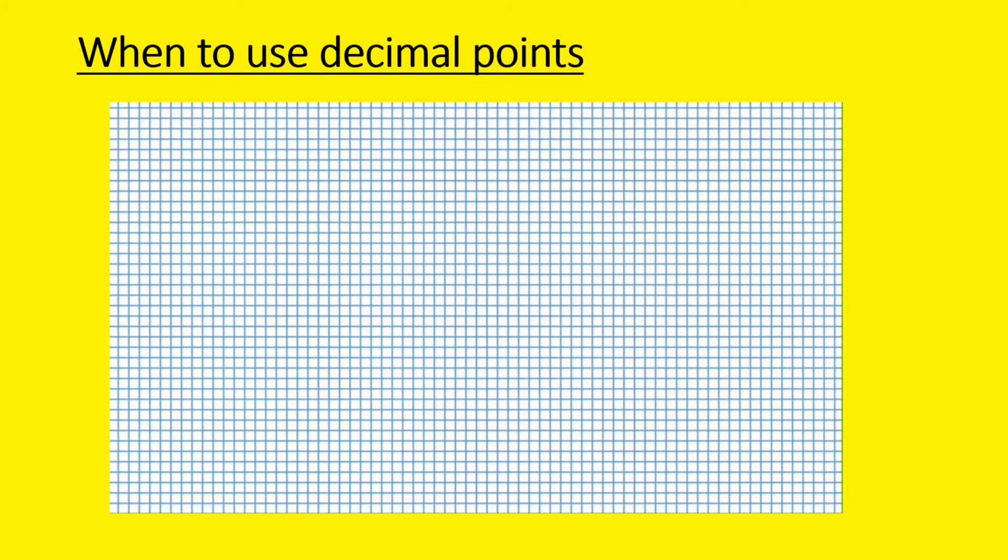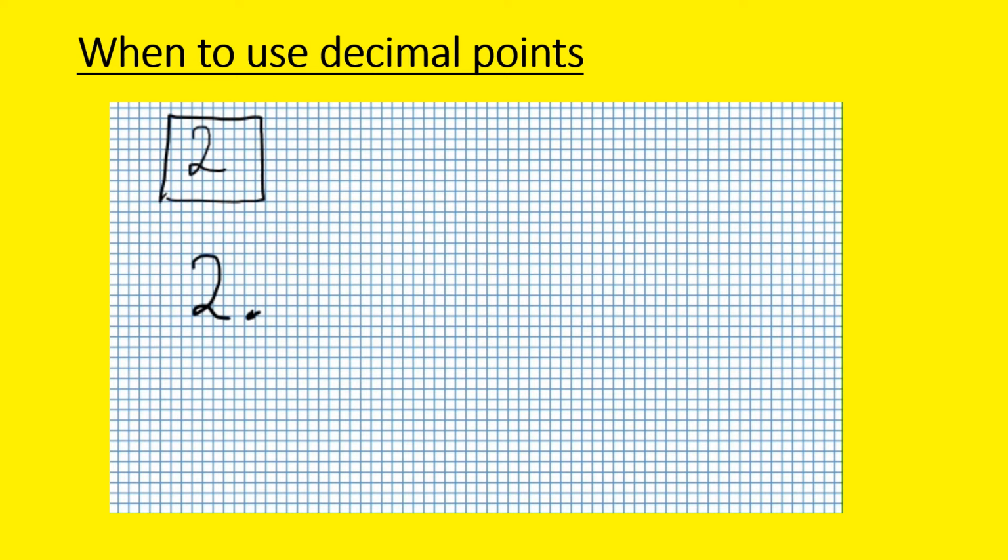And here are some examples we're going to be looking at. So let's have a look at the number 2. Now 2 has a decimal point at the end of it, but we don't need to see this because 2 is a whole number.